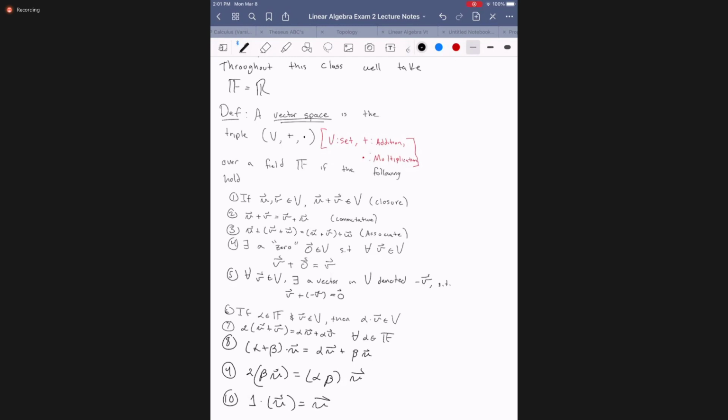It's not the same addition and multiplication you're used to with real numbers. As long as that addition and multiplication follow these rules, however you define them, then what you have is called a vector space.